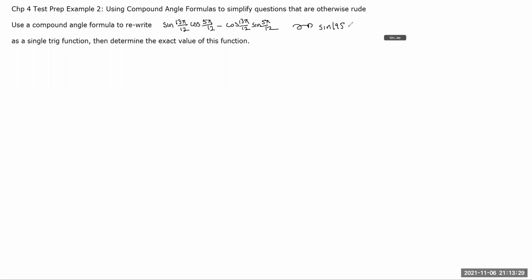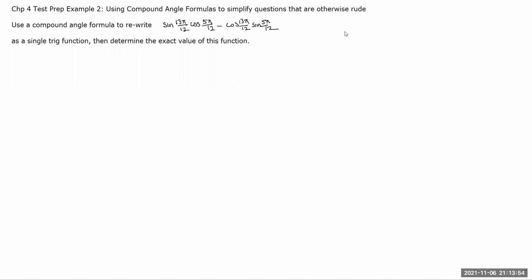Cosine of 5 pi over 12 is 75 degrees, which again is not equal to 30, 45, or 60. So it's 195, 75, and you cannot use special triangles to solve any of them, and therefore rude, right? So let's talk about how we can solve it.